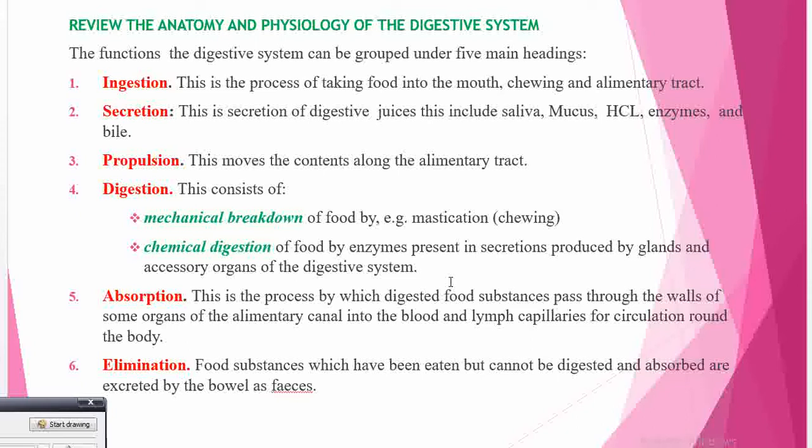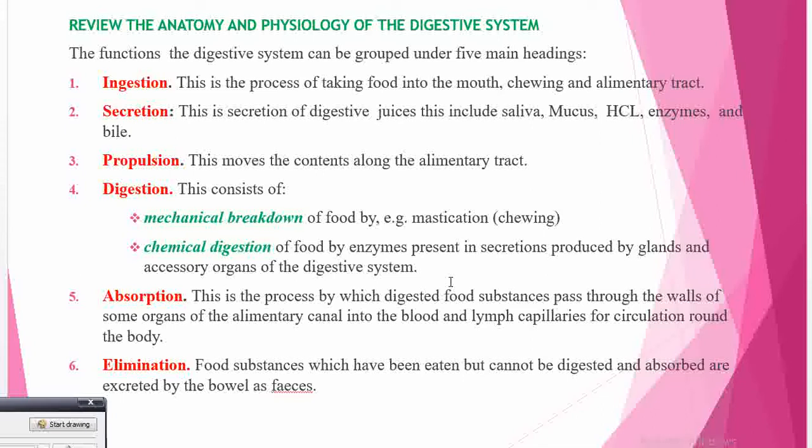Then propulsion, the ability of the gut to propel, that is the movement of contents along the alimentary tract. Then digestion consists of the mechanical breakdown of food, mastication, that is chewing. We have chemical digestion and mechanical digestion. Mechanical digestion involves chewing because it is physical, but chemical digestion has to do with the enzymes which help in the process.